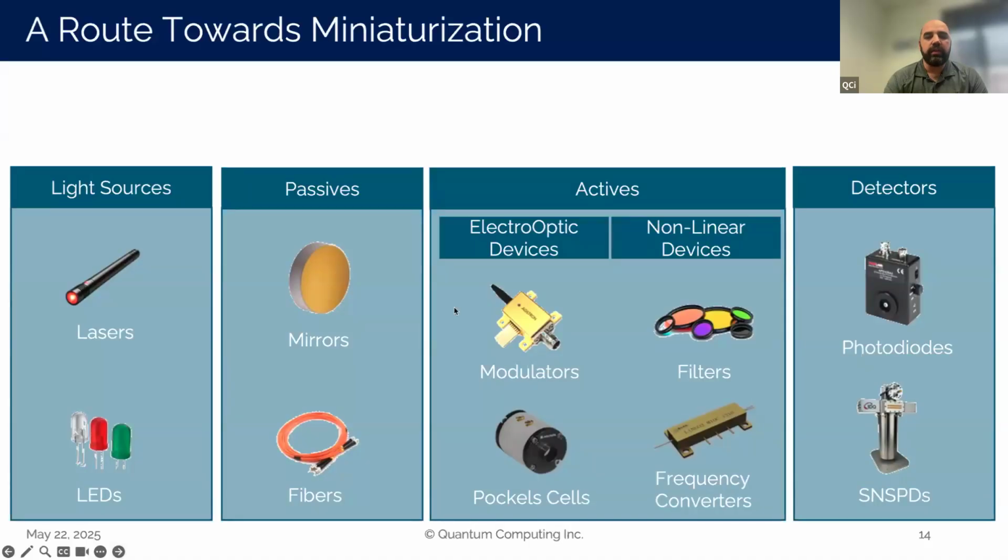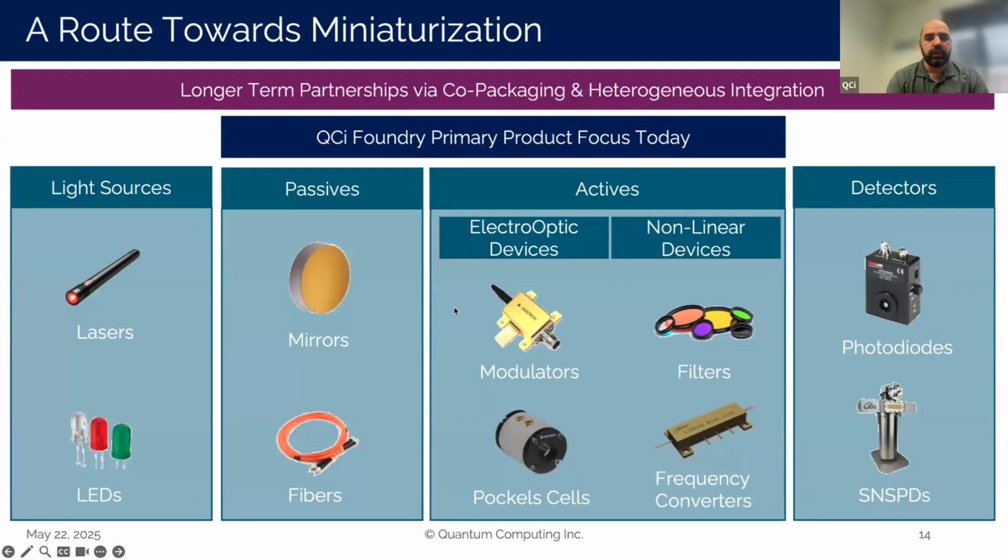And they're also nonlinear devices, things like frequency converters that either change the color of the light or filter out a certain portion of the spectrum. And after you do this, you have to detect the light. There are the conventional photodiodes that most people here are used to seeing, but there are also superconducting photodiodes, and those are quite useful when you're working with single photon light sources, such as required for some quantum applications.